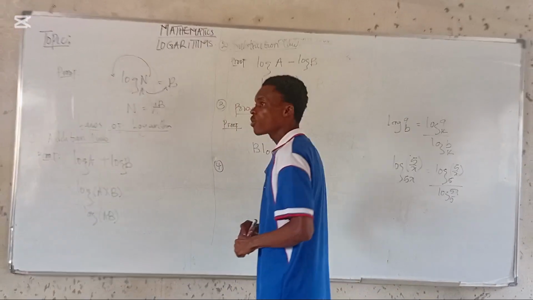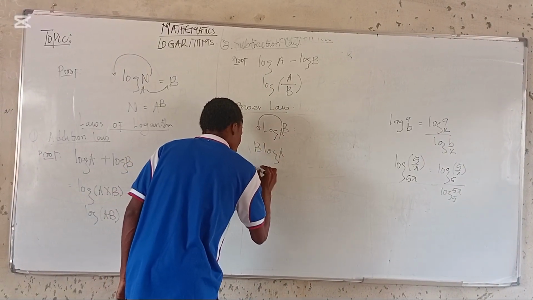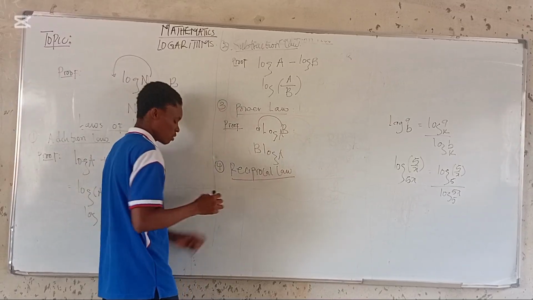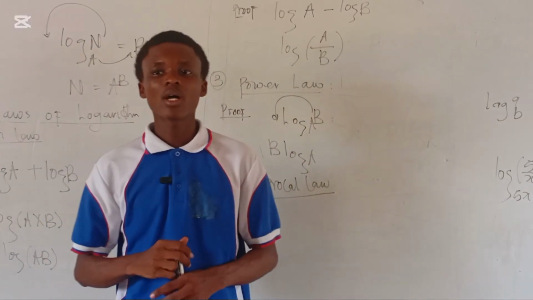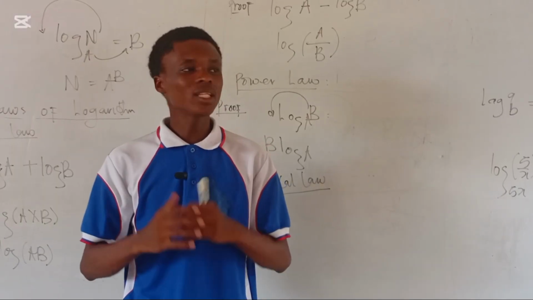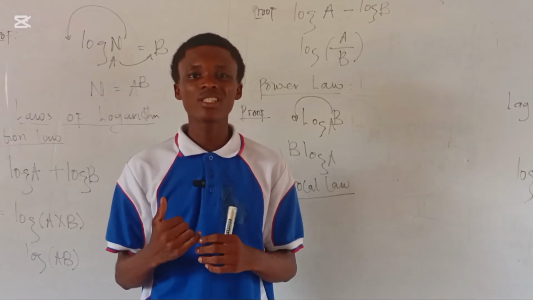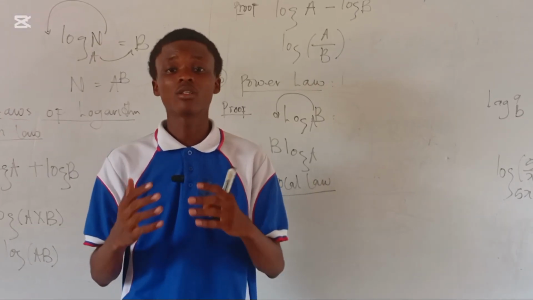All right, the next one. We have the reciprocal law. What does the reciprocal law state? The reciprocal law states that when the log is in the reciprocal form, the log and the base interchange their position. Or you can call it the fractional law.